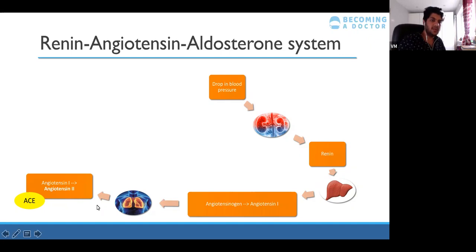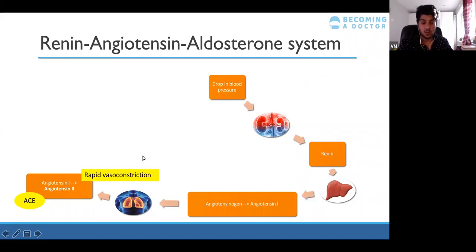It's a very important enzyme because in clinical medicine, we have drugs called ACE inhibitors, and they are important in people who have high blood pressure and also heart failure. So a key enzyme to know when it comes to pharmacology.